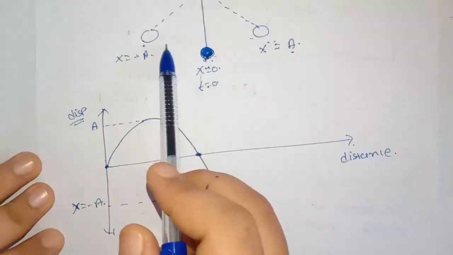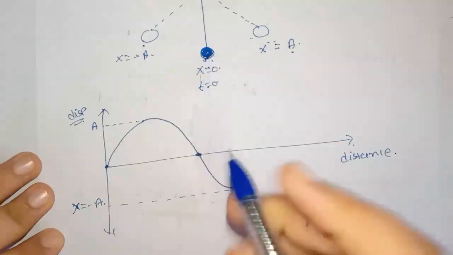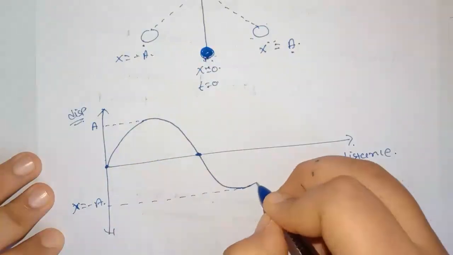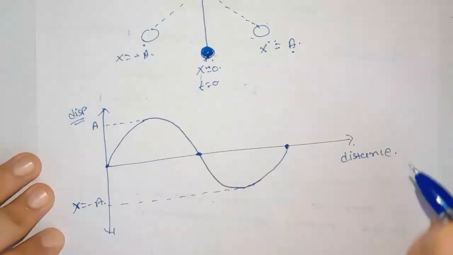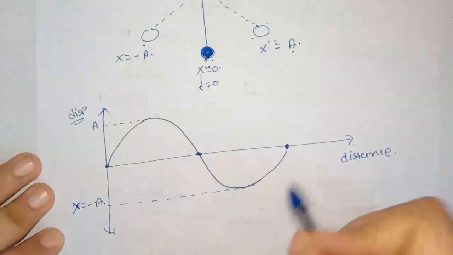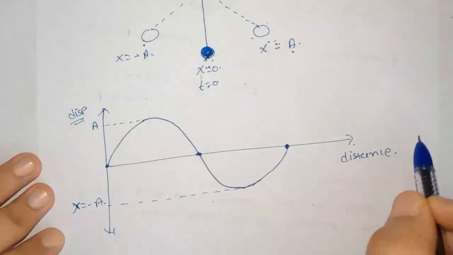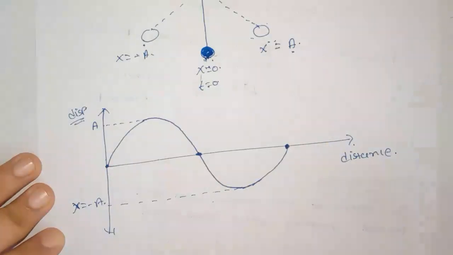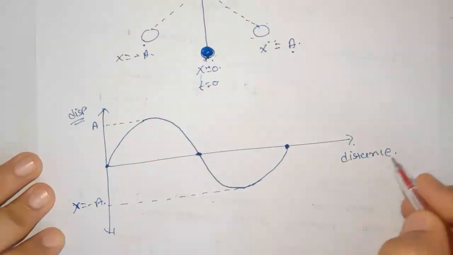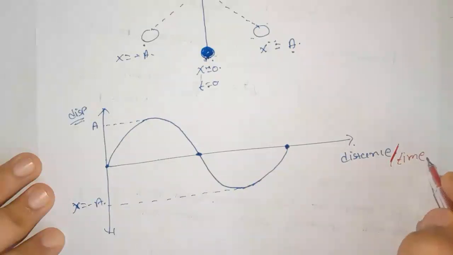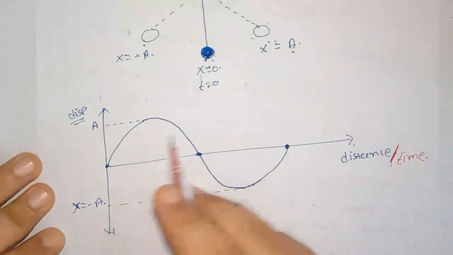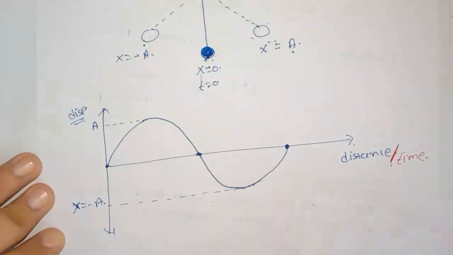From this it again comes to the mean position, that is displacement will decrease but distance still will increase. So this is one oscillation. Now if we put time instead of distance on the x-axis, then also the graph will be the same.